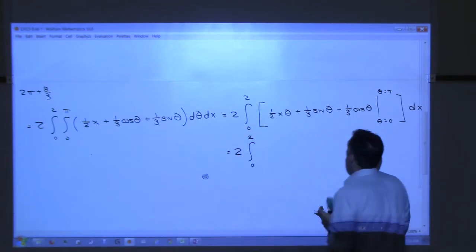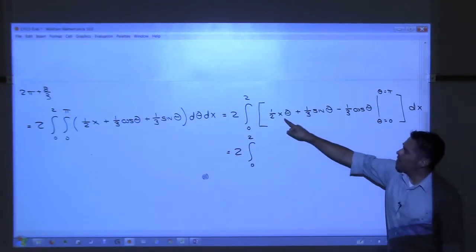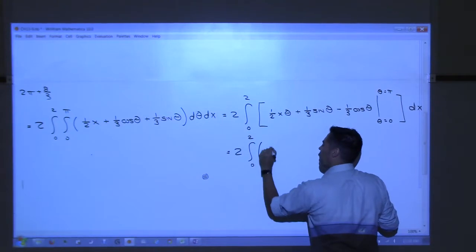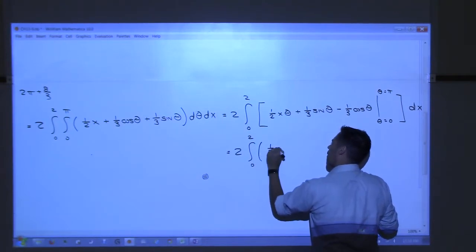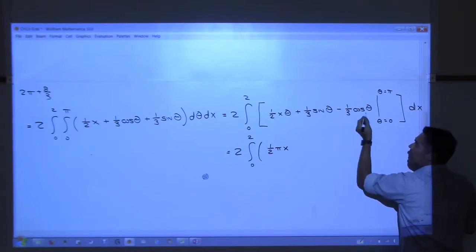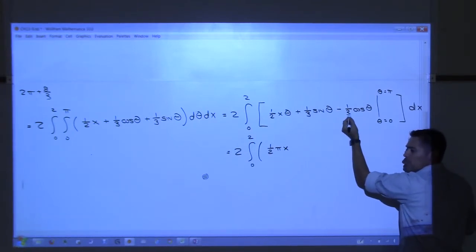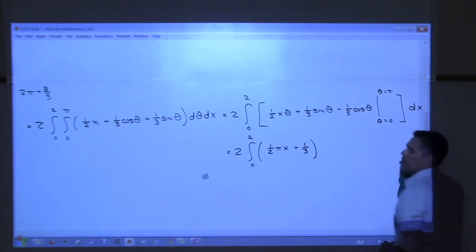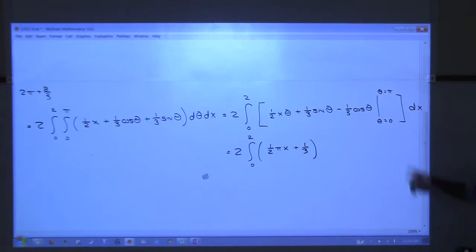All right, what do we get here? So plug in pi, you're going to get 1/2 pi x. Sine of pi, 0. Cosine of pi, negative 1. But then times negative 1/3 is plus 1/3. That's what I get when I plug in pi.